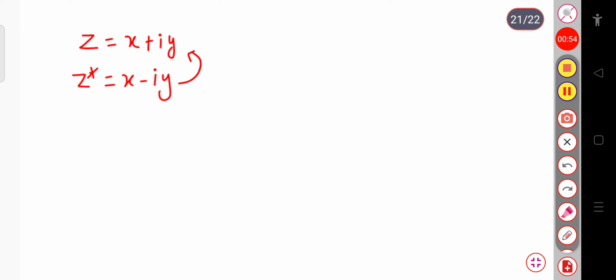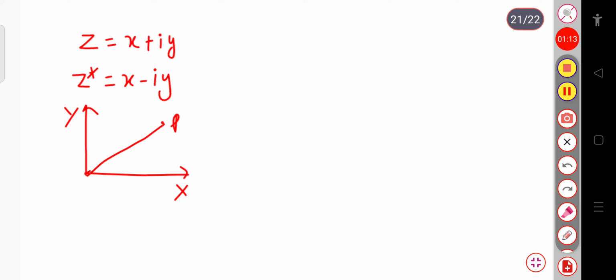Now if I represent this in the plane, that is your Argand plane, suppose this one is your x axis, that is the real axis, and this is the y axis, that is the imaginary axis. Suppose a point P lies here, and if I draw the position vector, and draw a perpendicular on the x axis, this distance is x, and similarly a perpendicular on the y axis, this distance is y, so its coordinates are x and y.